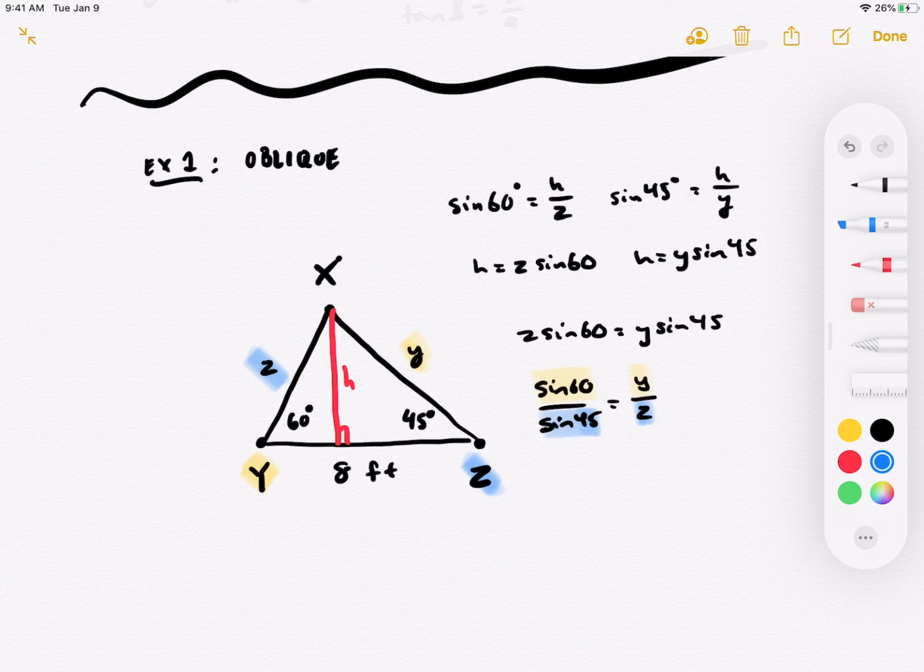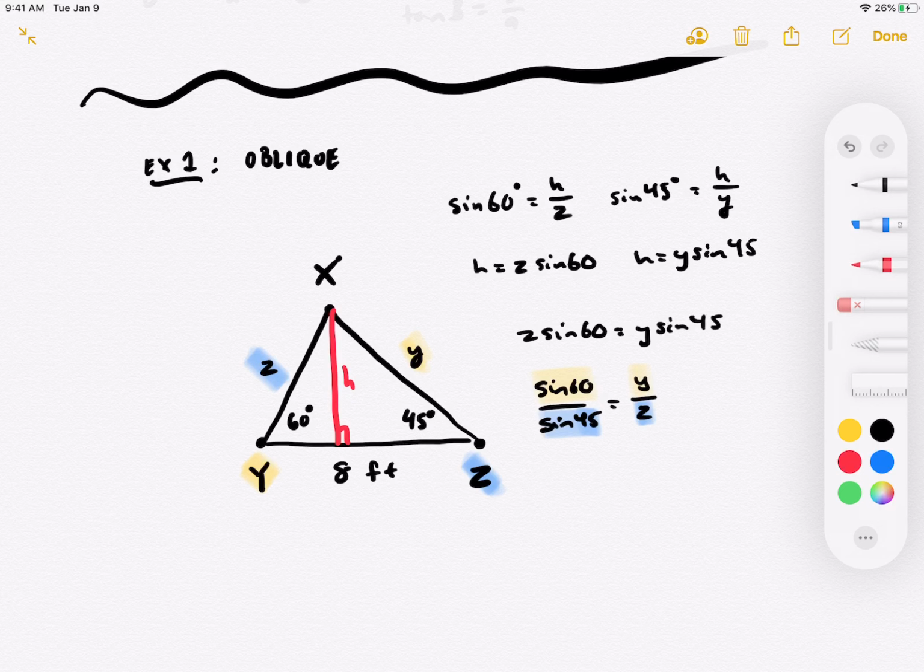So we've come up with not exactly what y and z are equal to yet, but we figured out that the ratio between y and z is equal to the ratio of the sines of angle y and angle z. So that gives me another idea, maybe an idea that will tell me what y and z actually are.